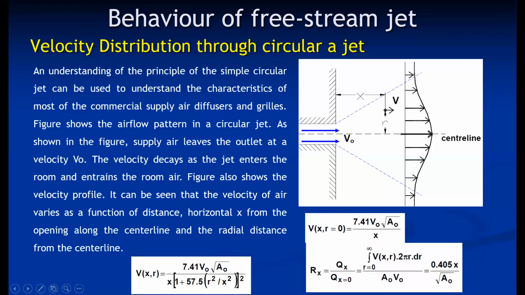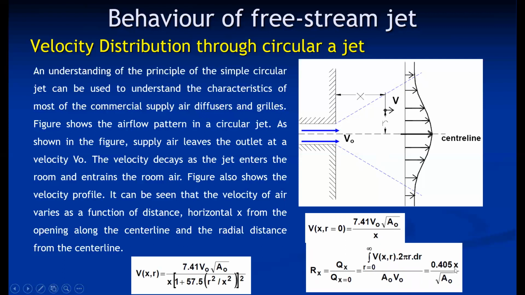Then the entrainment ratio, that is the volume flow rate at any distance x to the volume flow rate at x equal to 0, that is at the inlet. By integrating this expression, with r from 0 to infinity, we can calculate the volume flow rate at any distance x. At a particular supply outlet, it is the normal formula, area into velocity.